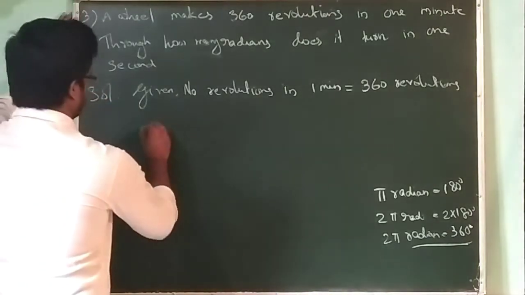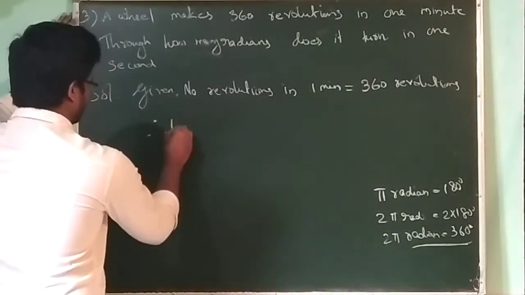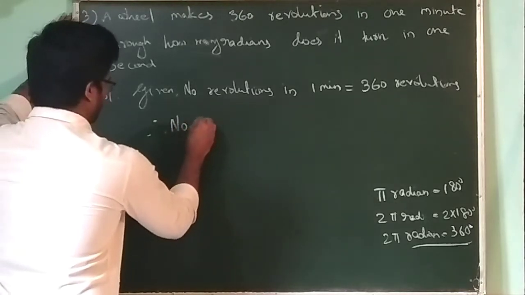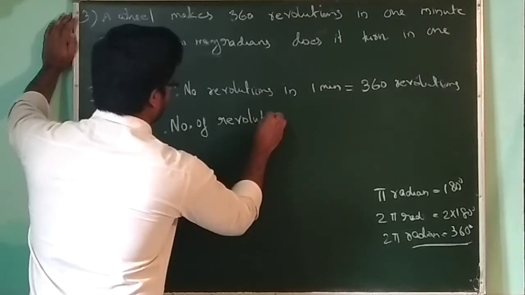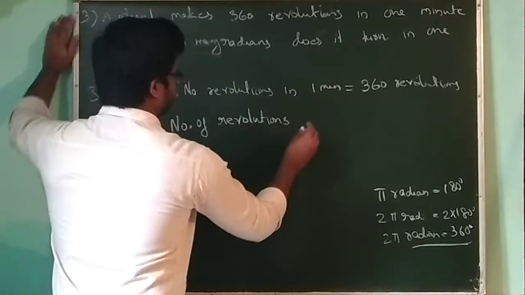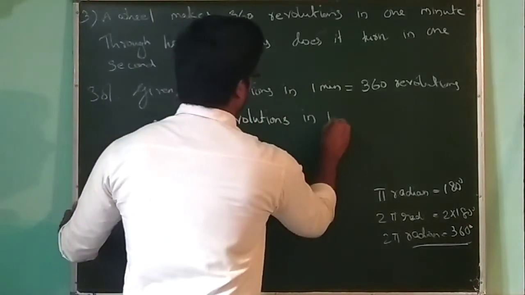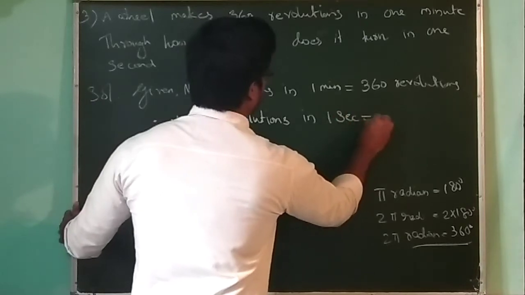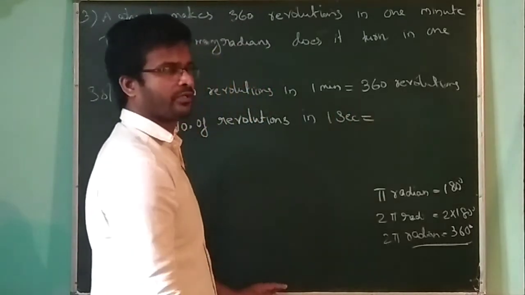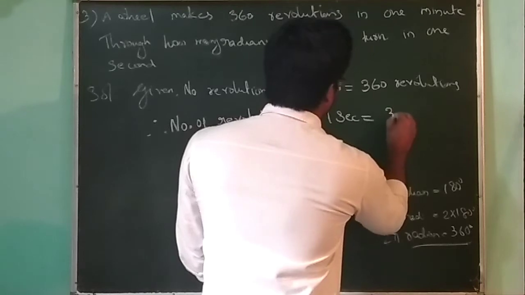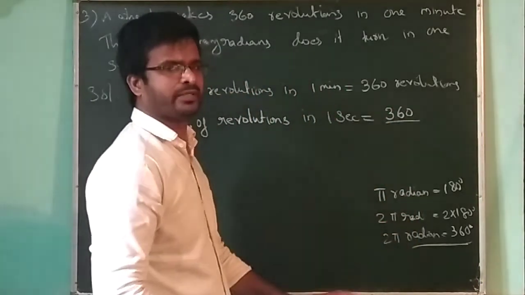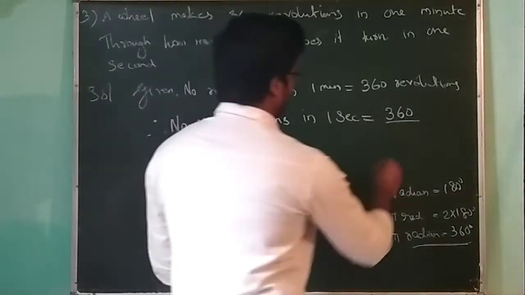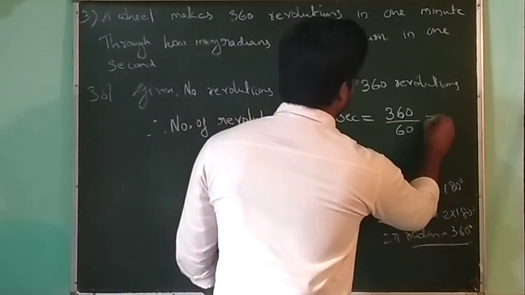Therefore the number of revolutions in 1 second: in 1 second, how many times will that rotate? Total in 1 minute is 360. 1 minute means how many seconds? 60 seconds, isn't it? Divide by 60.